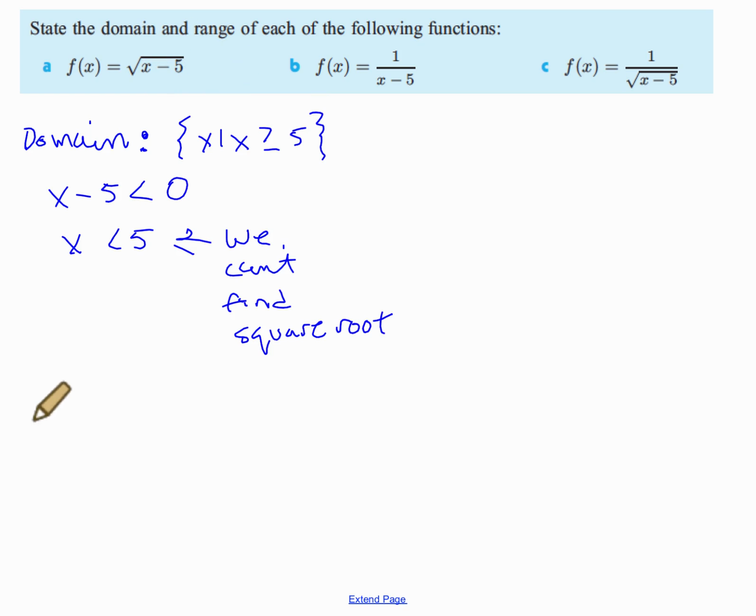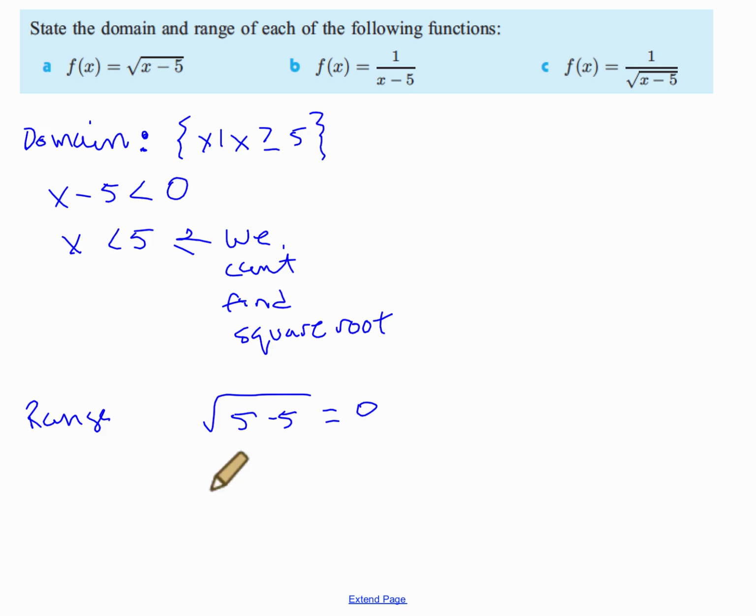Okay. So for the range, let's think about this. The lowest number we can have is a 5 for x. So let's just test that. The square root of 5 minus 5 is equal to 0. Square root of 0 is 0. Can we go any lower than that?